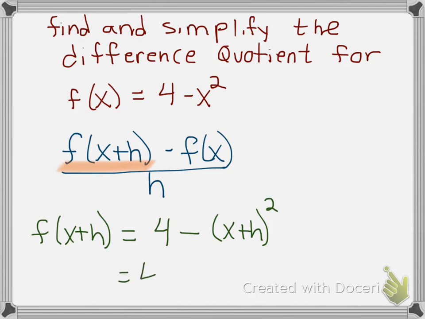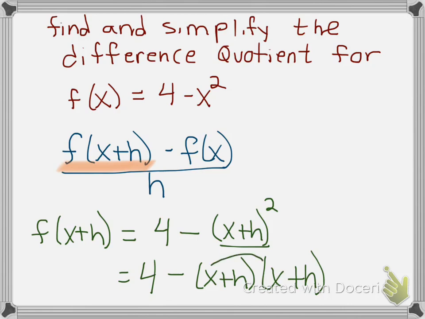Then let's go ahead and try to simplify this. The only way that you can square x plus h is to actually write it out. Try to FOIL that out, just the same way as you would FOIL anything, the x times h, etc. And that will obviously combine like terms as well. So this will turn into 4 minus x squared plus 2xh plus h squared.